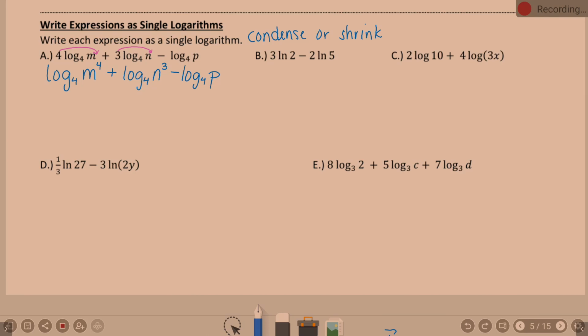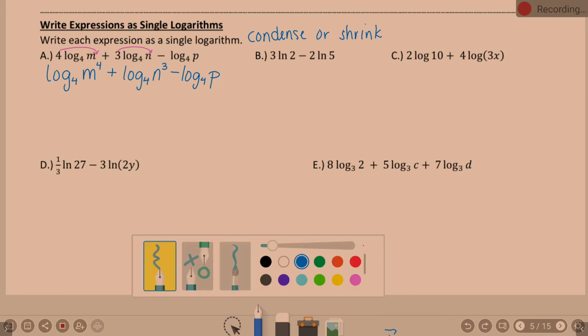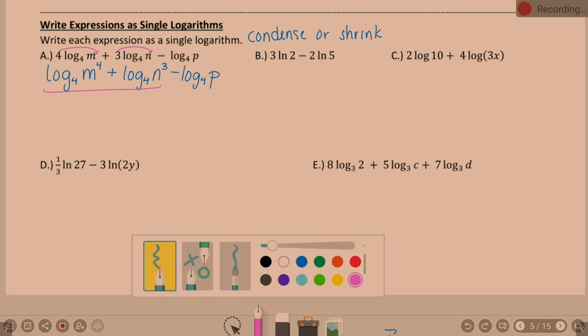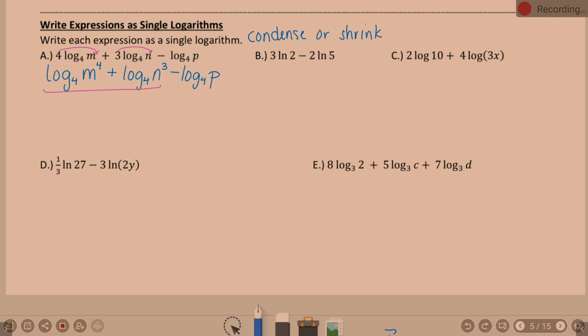It'd be like log base 4 m plus n over p. Not exactly. They're getting multiplied. Which part of the problem is, you said they were being added.